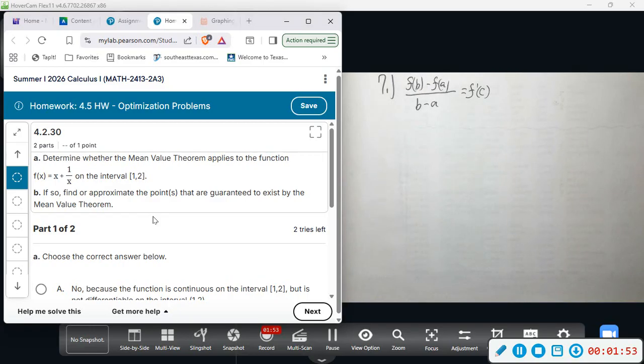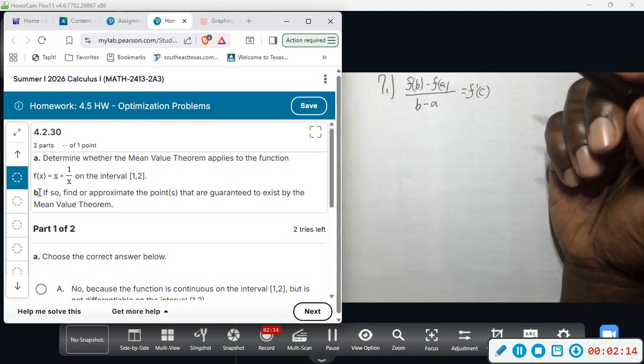So that's all we're doing. We are looking at the function f of x equals x plus 1 over x on the interval 1 to 2. We cannot use 0 in our domain. This interval does not use 0, so this is going to be continuous over this interval, and we can take the derivative. So we will at least satisfy that part.